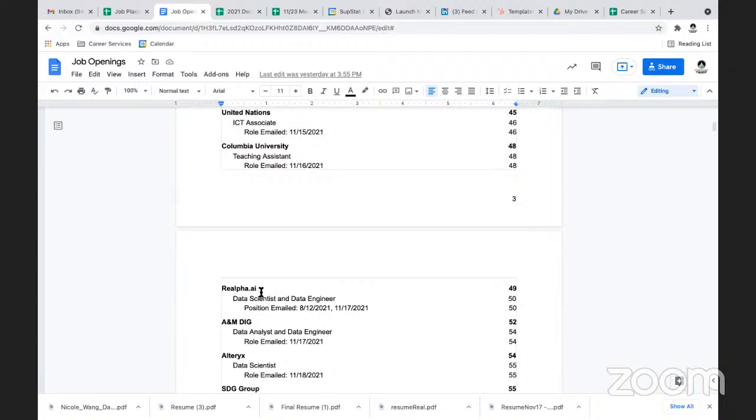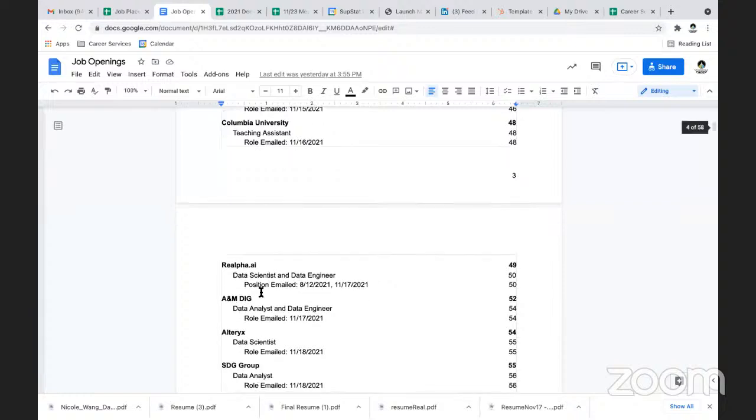A&M Dig, they reached out to me and I had a meeting with their CTO. They're looking for someone a little bit senior for the data analyst and data engineering role, someone who's a bit more familiar with that.